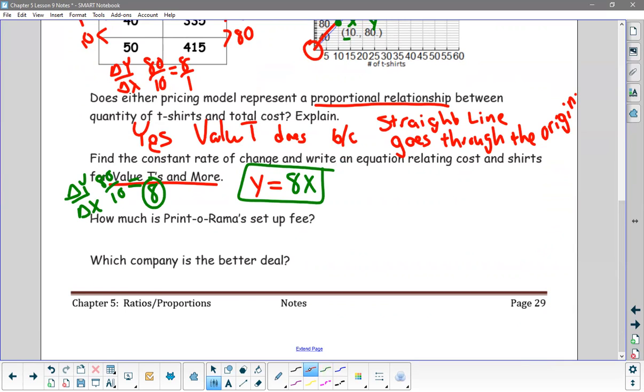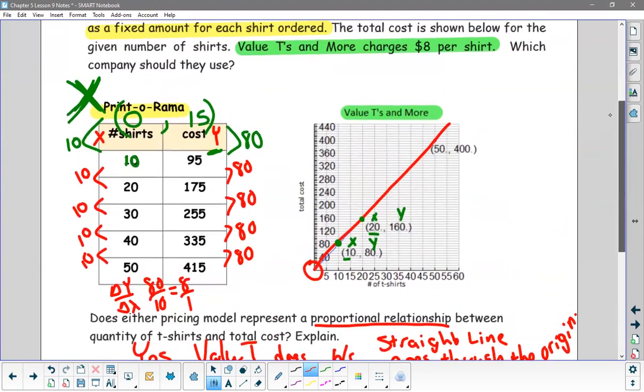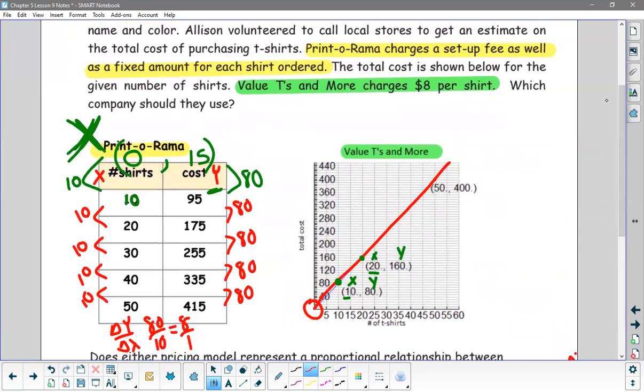All right, here's where the challenge question comes in. How much is Print-O-Rama's setup fee? Print-O-Rama, that was the table. The setup fee, it didn't really tell us. It said there was a setup fee up here, and a fixed amount for each t-shirt. Well, we actually figured out the fixed amount. That was our rate of change. It's $8 a t-shirt. But how much did it cost to set up the machine to print everything?